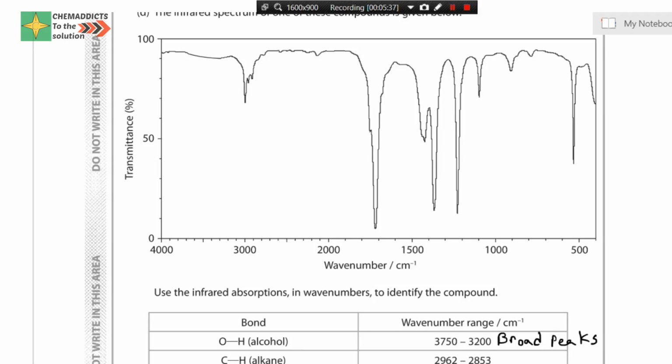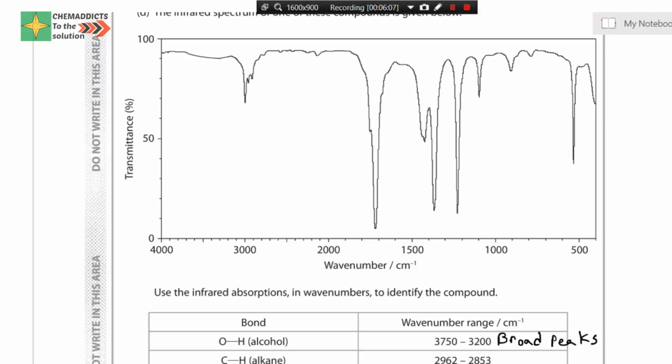If this was for alcohol, broad peaks would be present over here. Since broad peaks are not present, this is not alcohol.